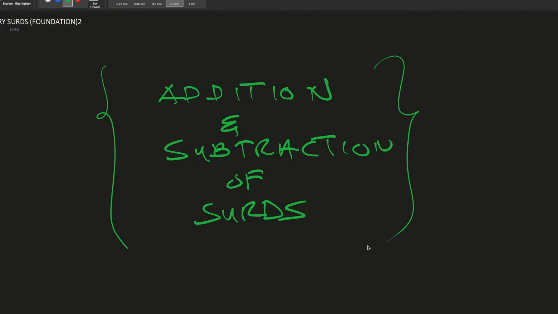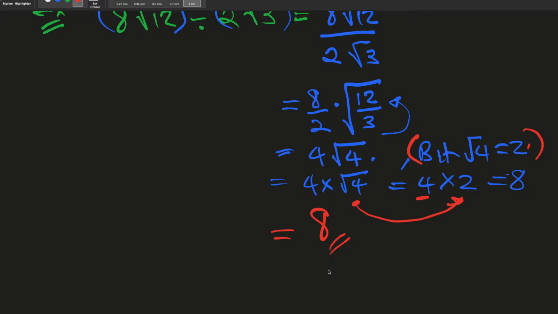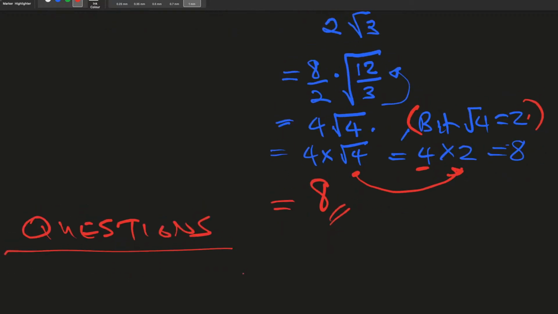But we are going to break it down and explain it so that we understand why subtraction and addition are not direct. That will interest you. So this is another set of questions, or examples. Okay, now let's look at it.